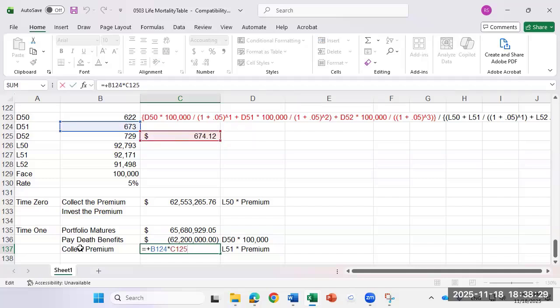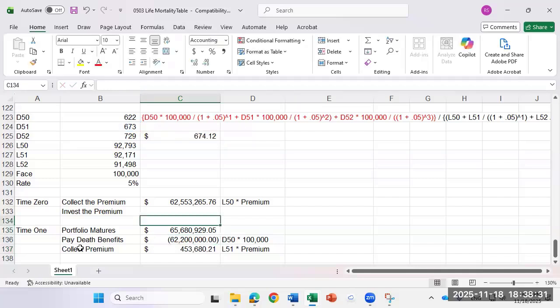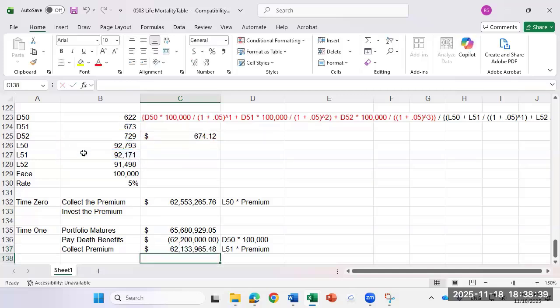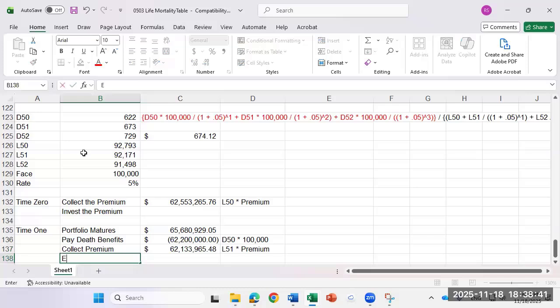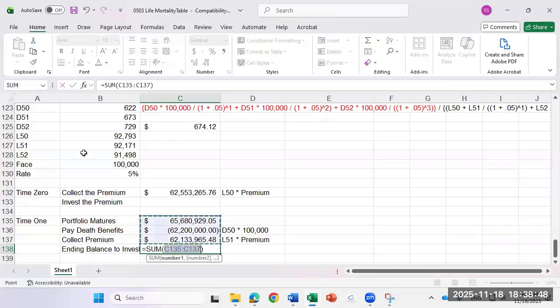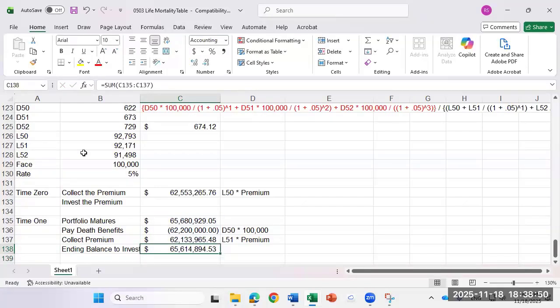That doesn't look right. I did the wrong one. I did D51. So L51 times premium. And then our ending balance to invest is just going to be the sum of those. So at the end of the period, at time 1, we're going to have 65,614 to reinvest for the next year.